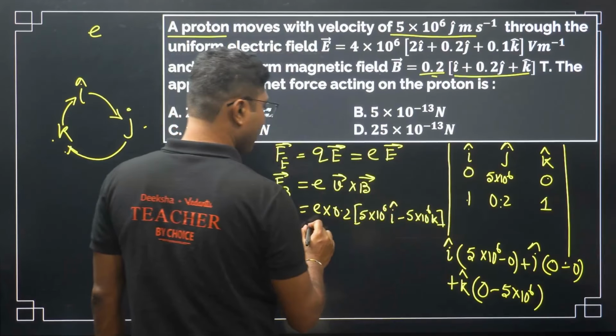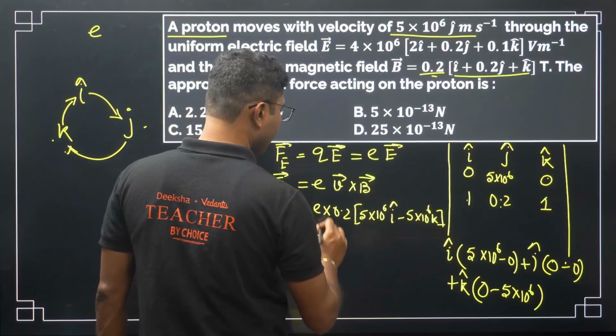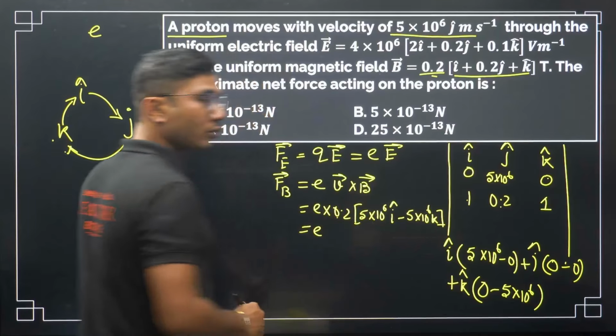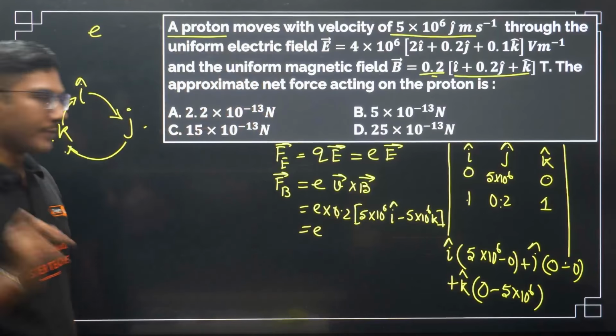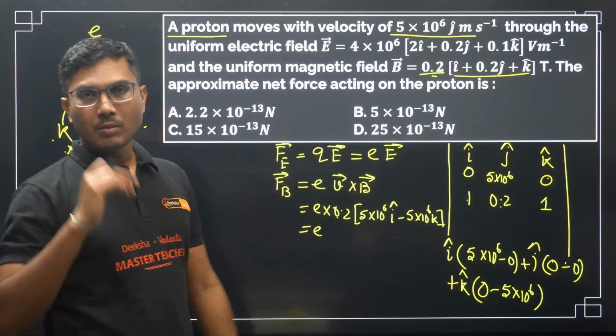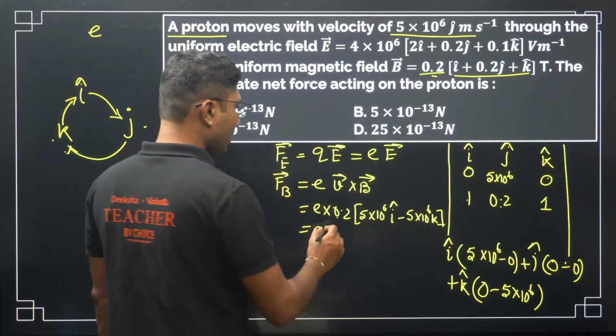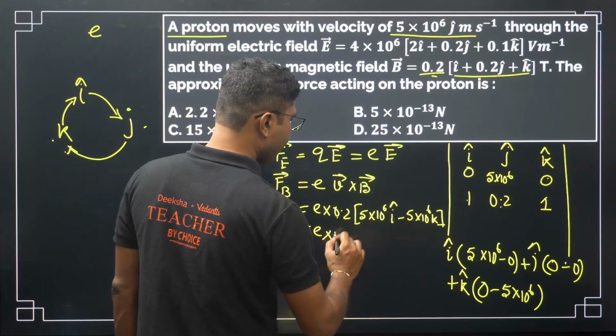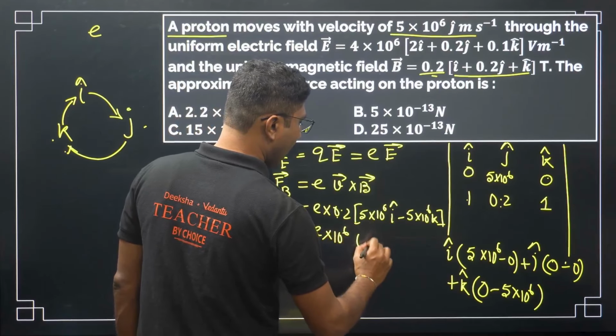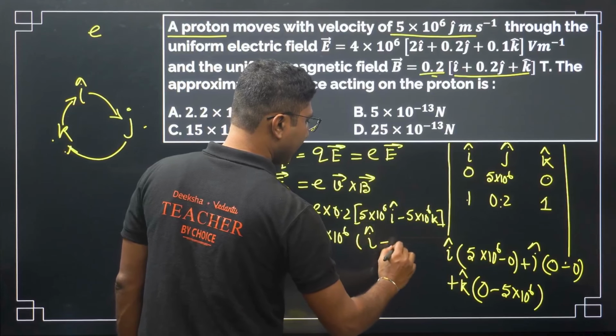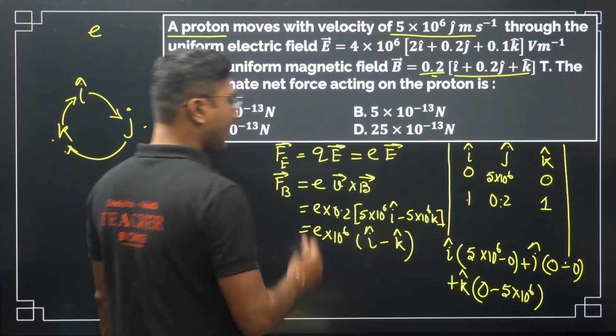Now 5 into 10 to the power of 6 will also be common, so e into 5 into 0.2. 5 into 0.2 is 1, right? So it will be just 10 to the power of 6 i cap minus k cap. j cap is 0, no j cap involved in this.